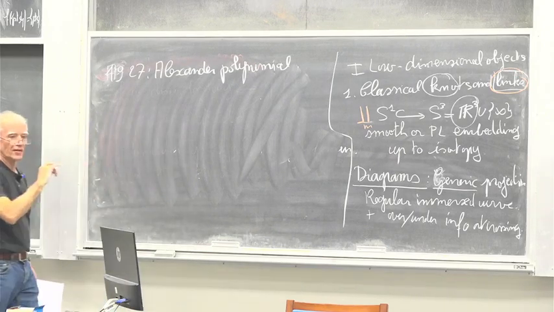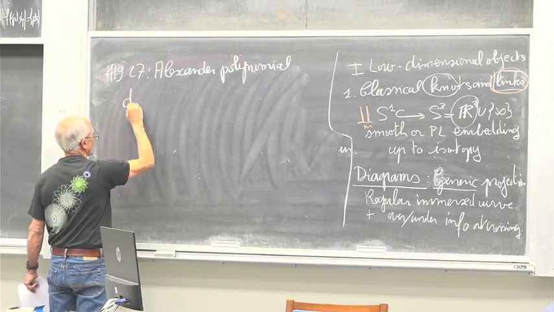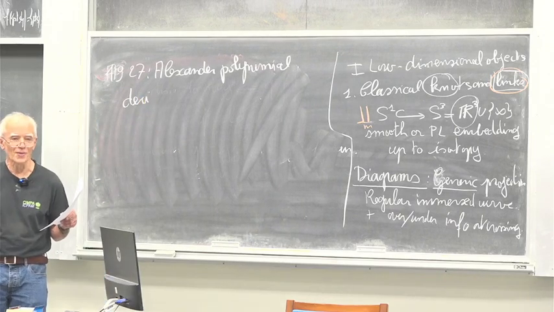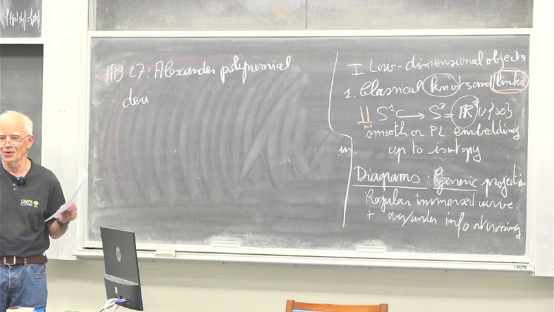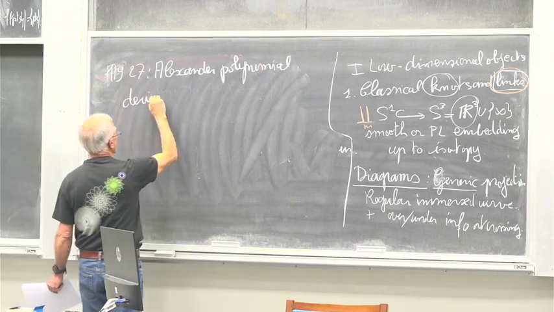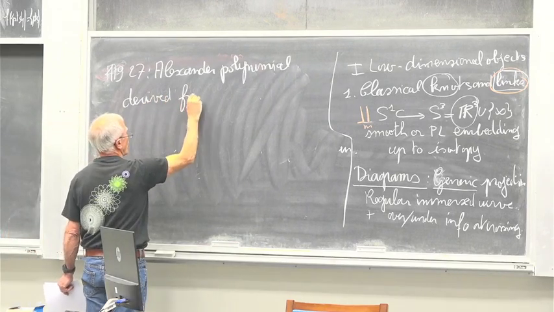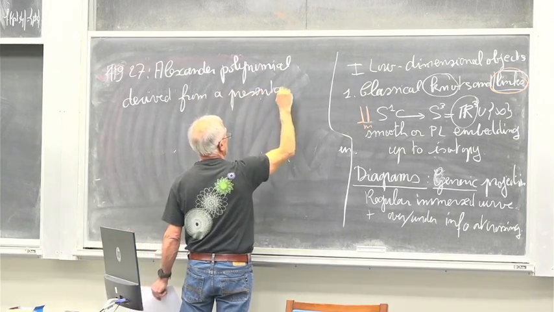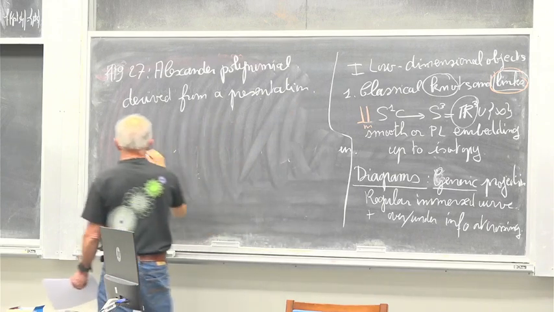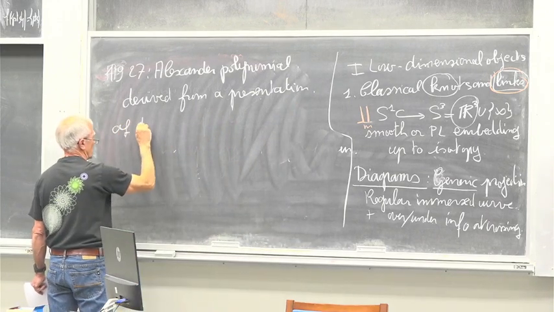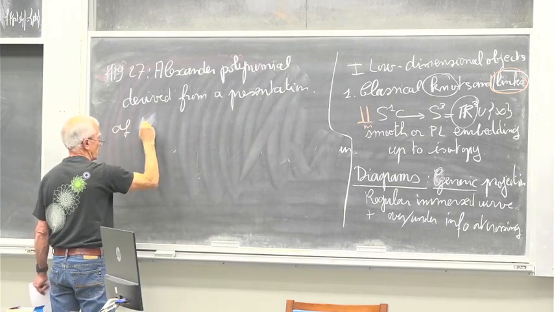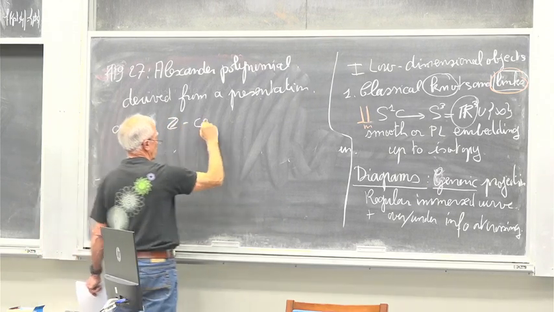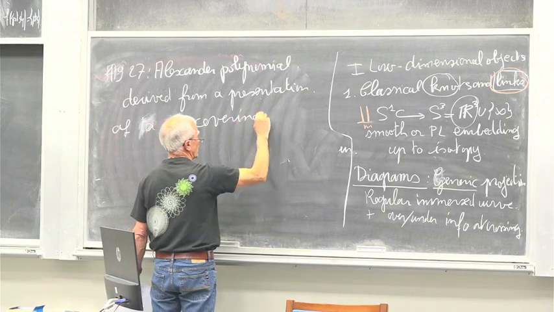I will not define it, but you can read the paper. For students, it's really something very easy to read. It's derived from a presentation of a Z covering space.